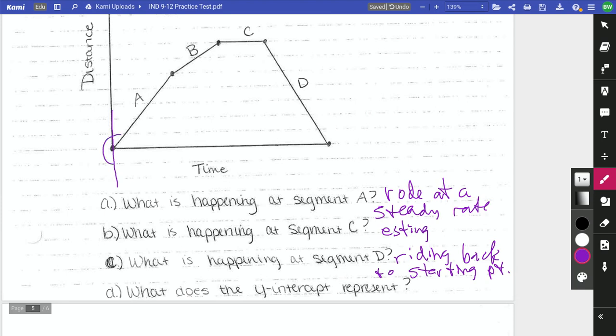Where the graph crosses the y-axis, right there, the time is 0. So that's the distance at time 0, the starting point. Okay, so we'll just say starting point. At time 0, how far were they? In this case, the distance is also 0.